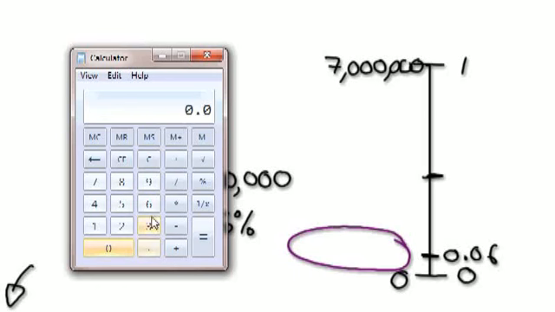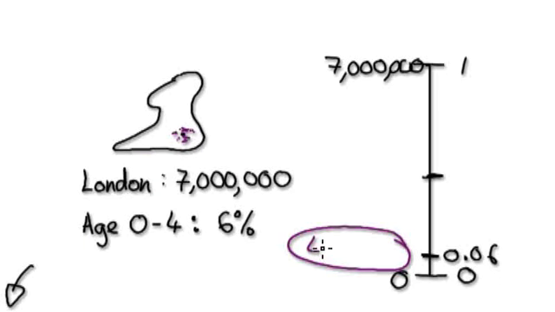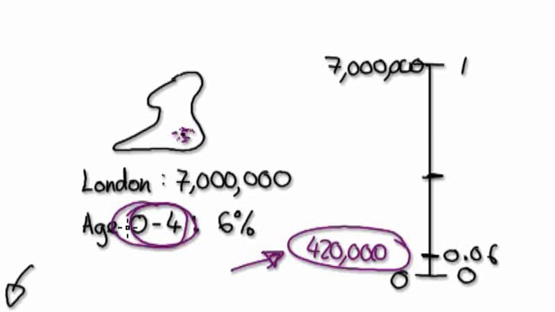So it's 0.06 times the whole population, which is 7 million equals 420,000 here. Okay, so this number here represents the number of kids between 0 or babies between 0 and 4 years old.